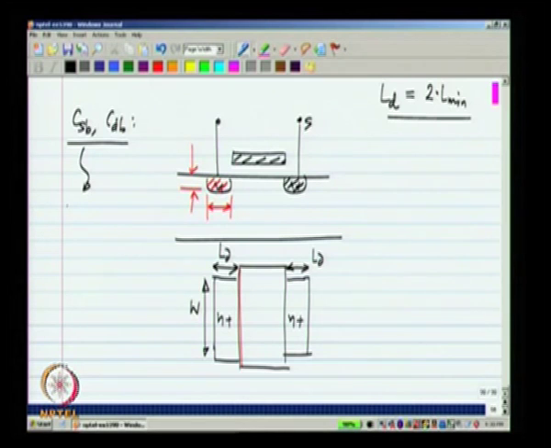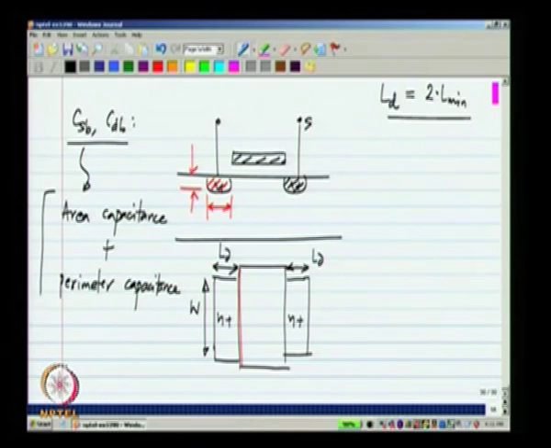Each of these consists of what are usually called the area capacitance, which refers to the overlap area at the bottom, plus some perimeter capacitance. As I described while defining the sheet resistance and so on, in an integrated circuit we have control over only the 2 dimensions. So, all the other dimensions are abstracted into parameters, and we will describe everything in dimensions that we can control, which is LD and W and so on.